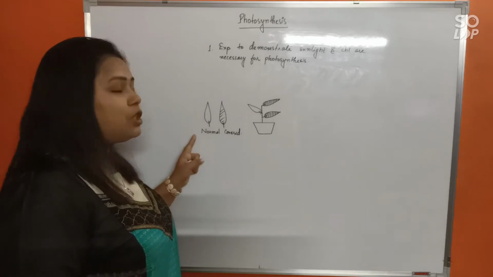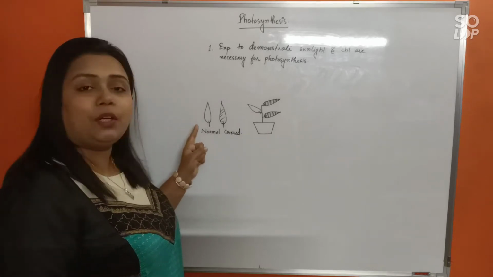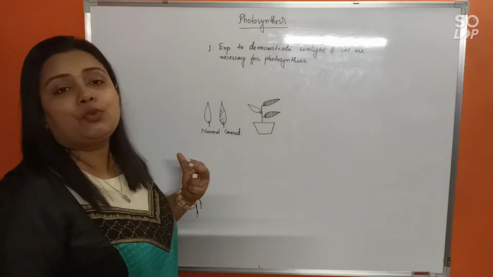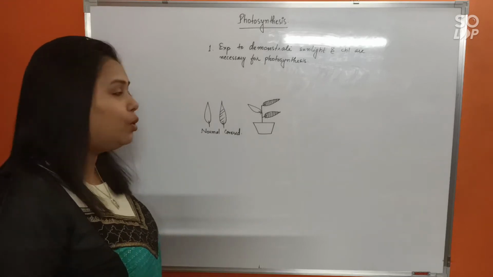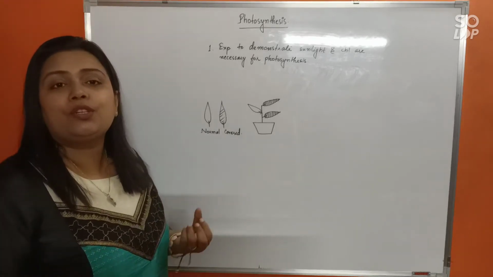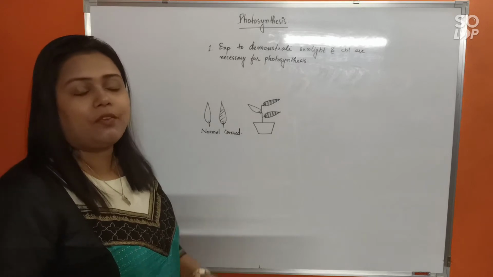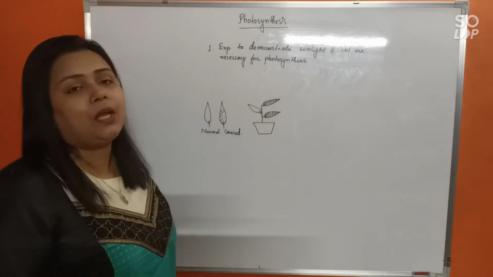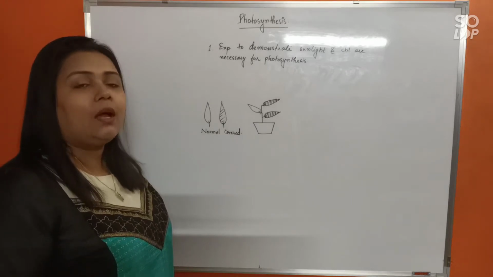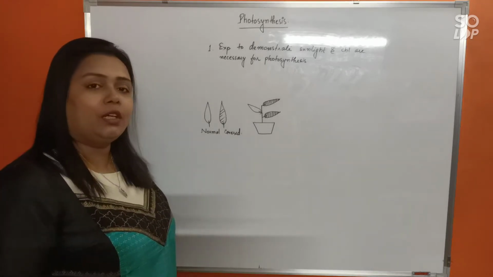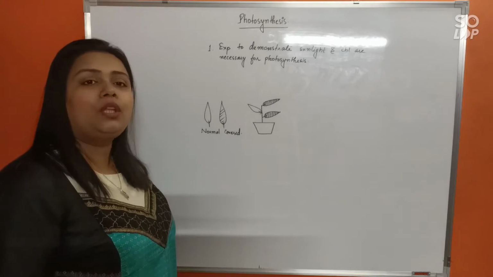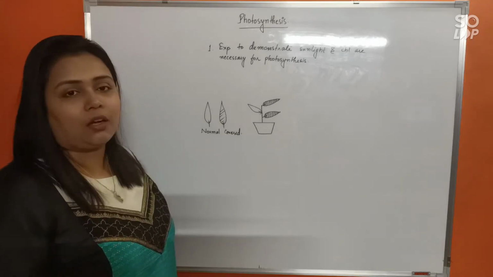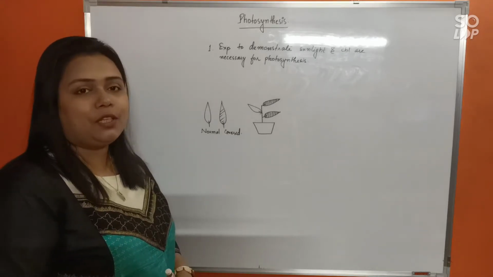The positive starch test will be produced only by the normal leaf which was not wrapped up. Also, in this leaf, only those green patches, because it's a variegated leaf, those green patches which have chlorophyll, would undergo a positive starch test. By this, it can be easily proven that sunlight and chlorophyll both are required for photosynthesis to occur. Alright, understood this? Fine.